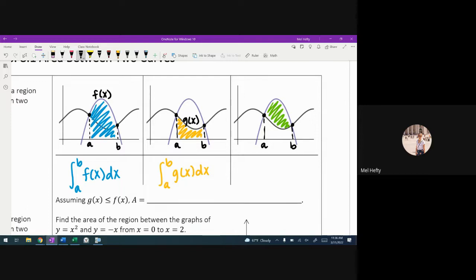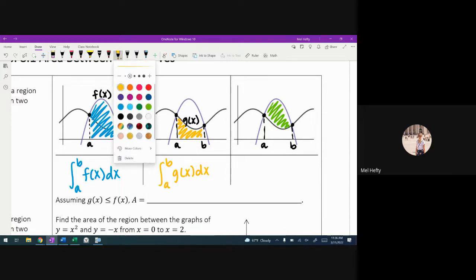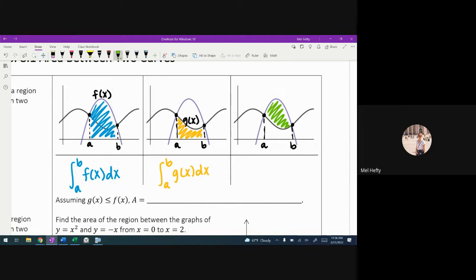Exactly. So there's a couple of ways to write this. We'll talk about it, and I'm going to give us some pretty consistent verbiage. We can take the integral from a to b of f of x dx and subtract the integral from a to b of g of x dx.